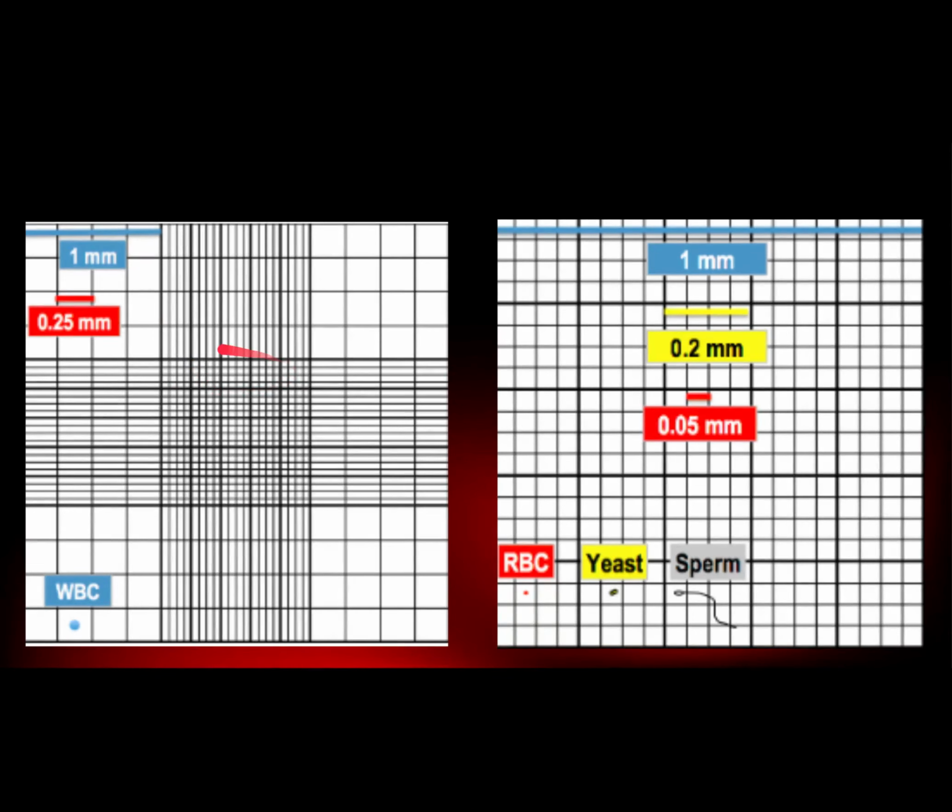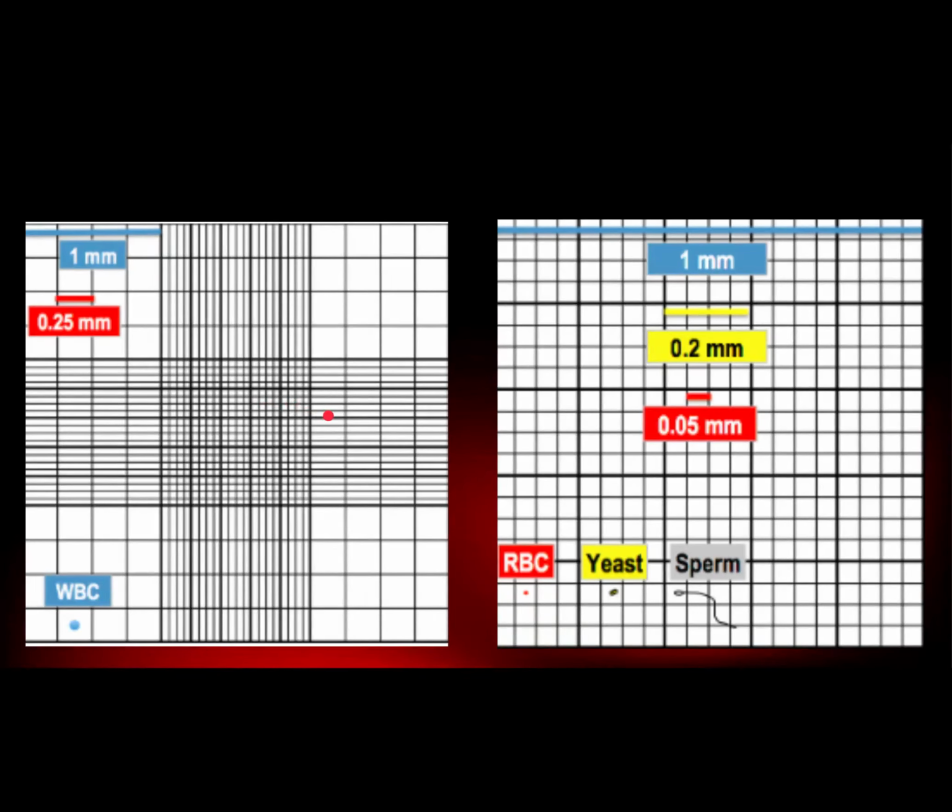Next, we have a central large square which is further divided into 25 intermediate or secondary squares. Here we can see that this is where our red blood cells are counted.